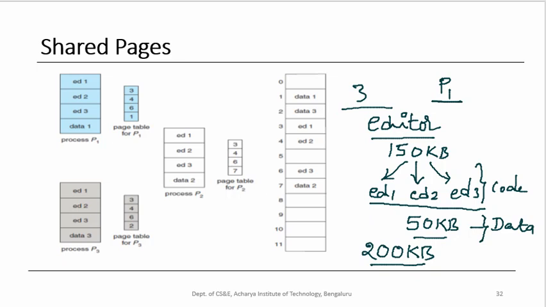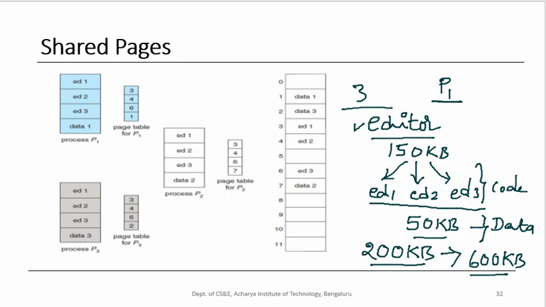Since we have three processes here and all of them are willing to execute this editor code, if you have three copies of this editor code, then you would end up allocating 600 KB of memory for these processes.